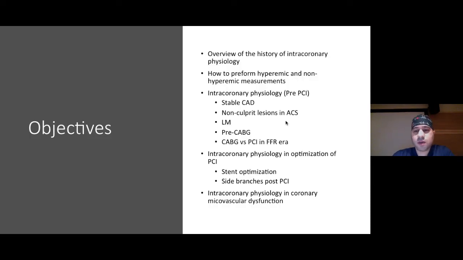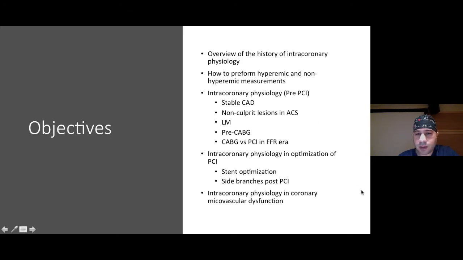So today I'm going to briefly discuss the history of intracoronary physiology and then go on to discuss how to perform hyperemic and non-hyperemic measurements. After that, we're going to be talking about the use of intracoronary physiology pre-PCI in stable patients, in non-culprit lesions in ACS, using physiology to assess left main, pre-CABG, and CABG versus PCI in the FFR era.